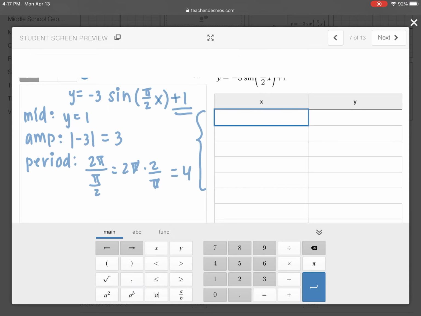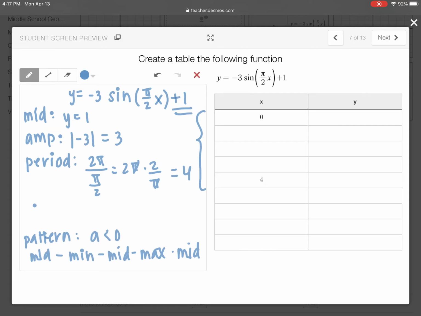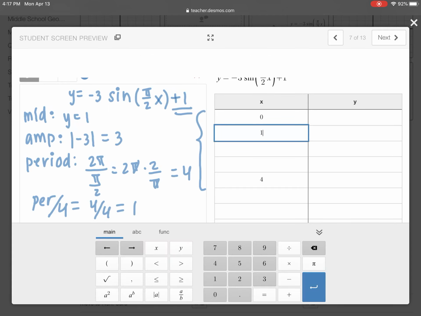Well, we know our first one is always 0. And our last one, the 5th point, will be the period. And now everything in between, we want to figure out 4 divided by 4. Well, we know we're going to take our period and divide it by 4. So 4 divided by 4 is just 1. So each of these after this increase by 1, 2, and 3.